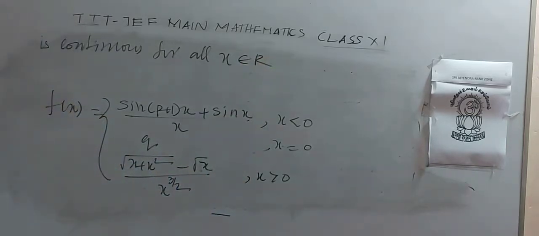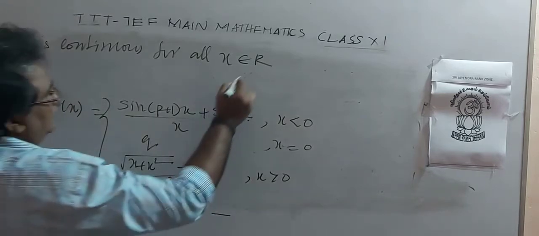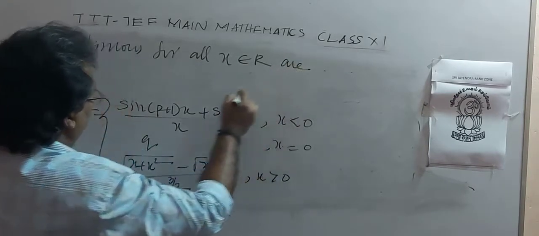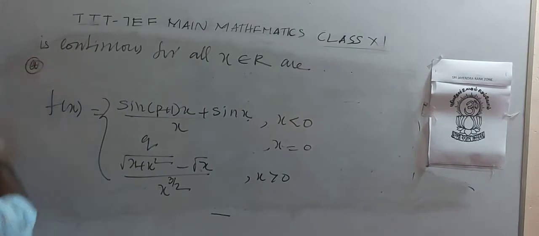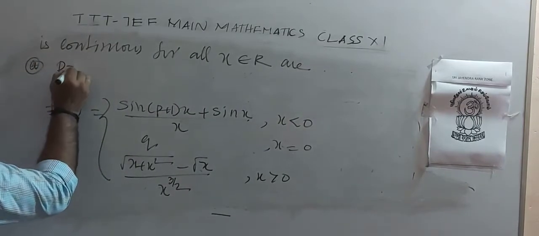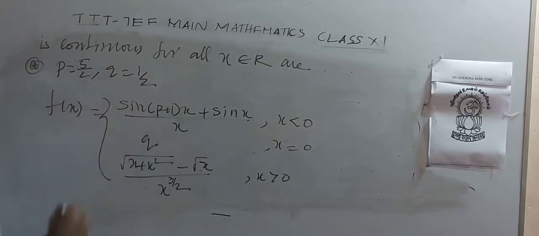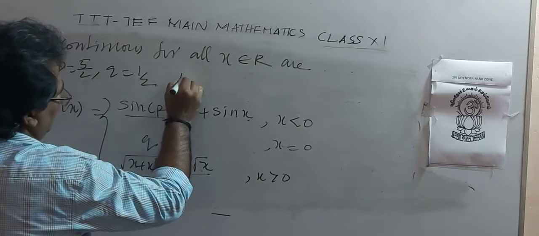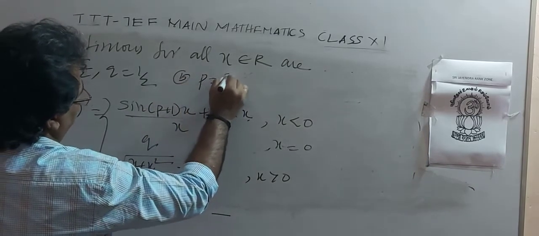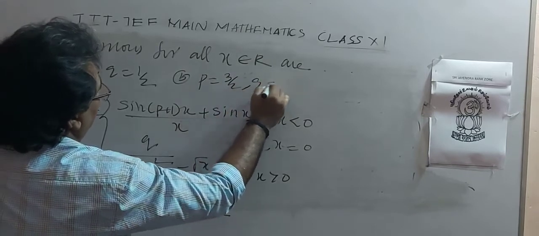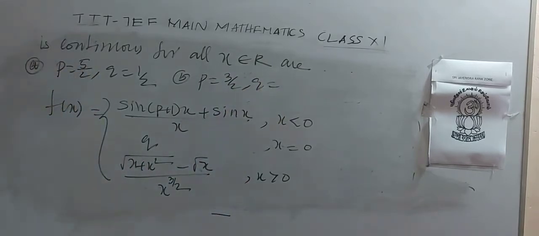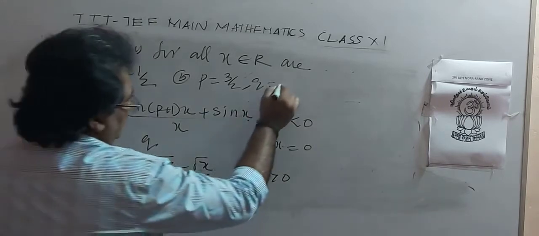This condition is for all x belongs to R is continuous. Option A, p equal to 5/2, q equal to half. Option B, p equal to 3/2, q equal to half.